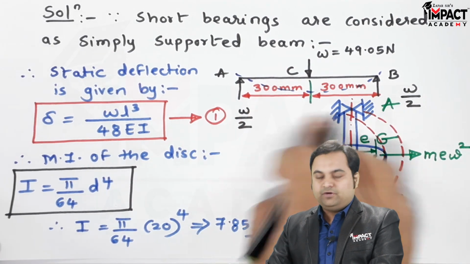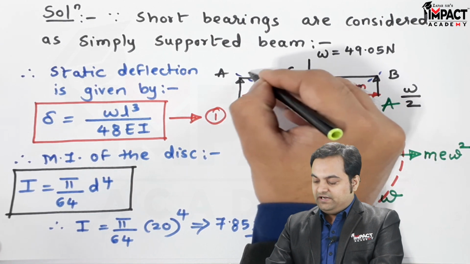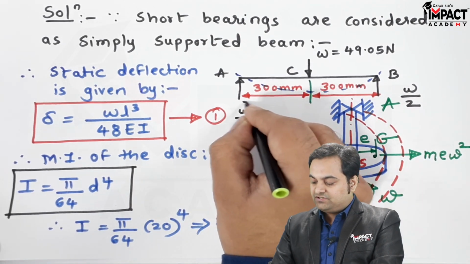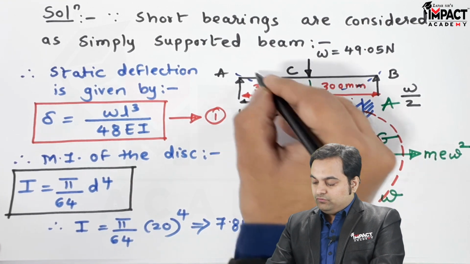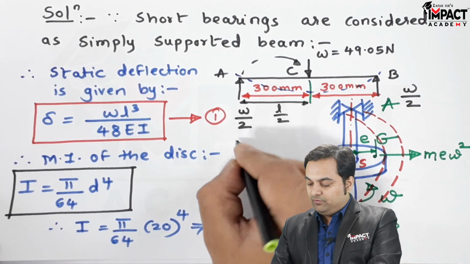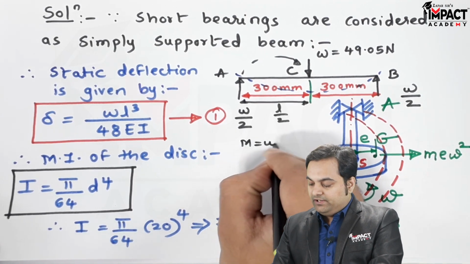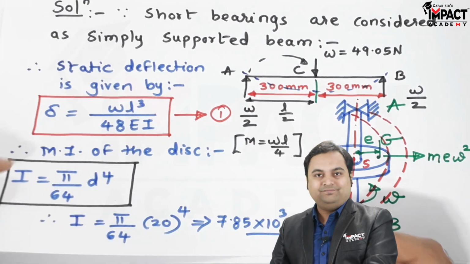That is, the load gets equally distributed. So when I take the moment at the exact center, that would be W by 2 into this distance, which is half, meaning L by 2. So when I take the moment at the center, which will give me the maximum bending moment, that would be WL by 4. So that is how the formula of capital M comes from.